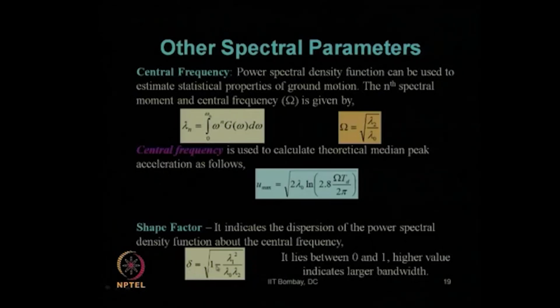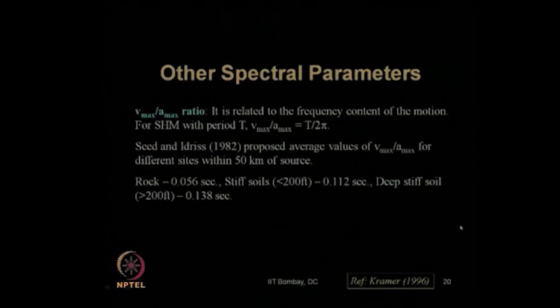That delta can be obtained using this expression, that is lambda 1, the first spectral moment squared, divided by the 0th one and the second one. Then it lies between the values of 0 and 1. A higher value indicates a larger amount of bandwidth.